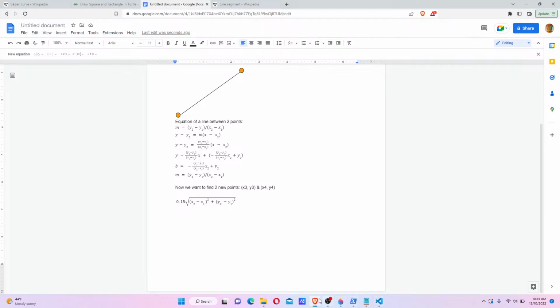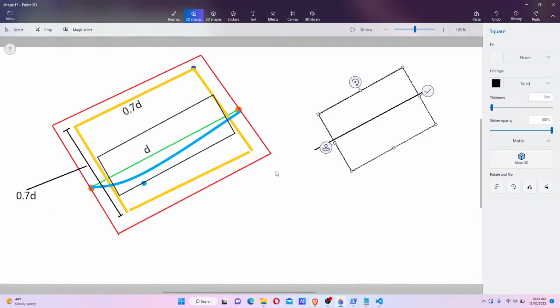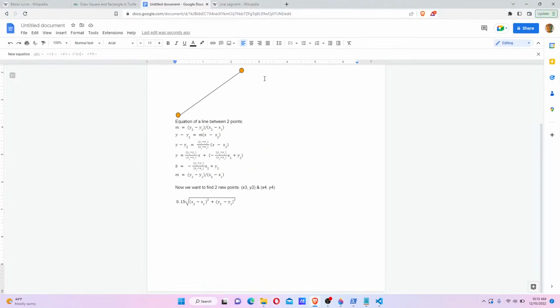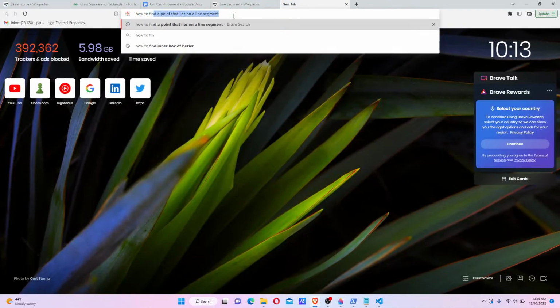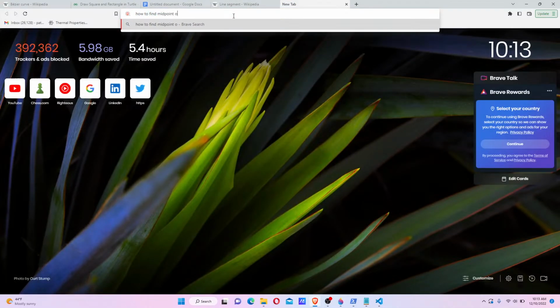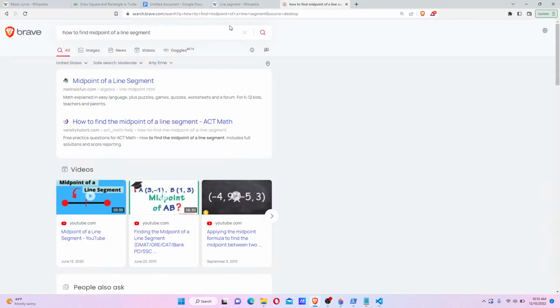How to find the midpoint? Maybe that's what I want. The midpoint between the two endpoints of the curve. How to find the midpoint of a line segment.